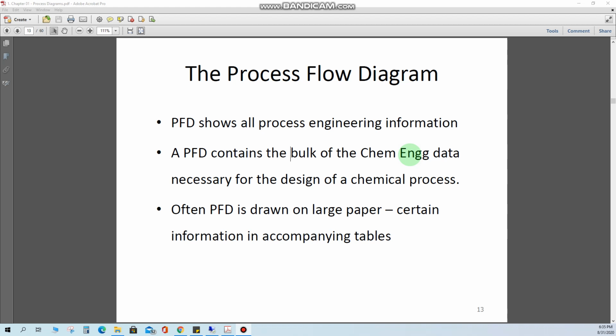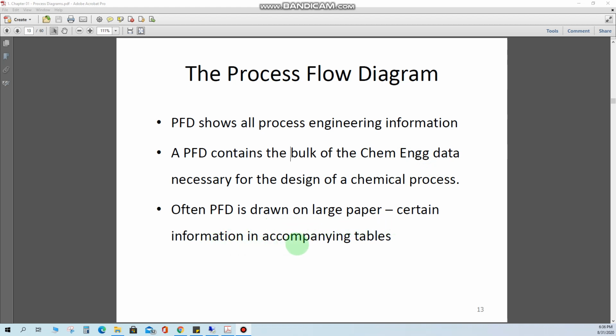For example, if you are making a design of the distillation column, then you should be aware of how many plates are in that distillation column, what could be the pressure profile and the temperature profile, whether that distillation column is having a reflux or no reflux. Such kind of information comes under the category of chemical engineering data and the design specifications that you have. Often, process flow diagram is drawn on large paper.